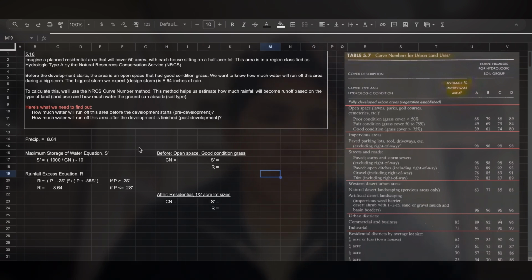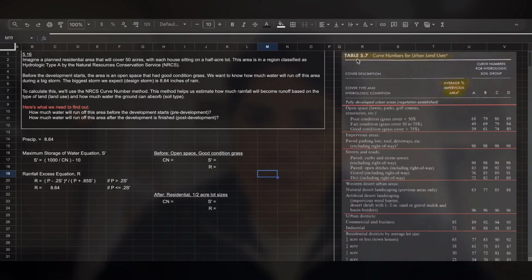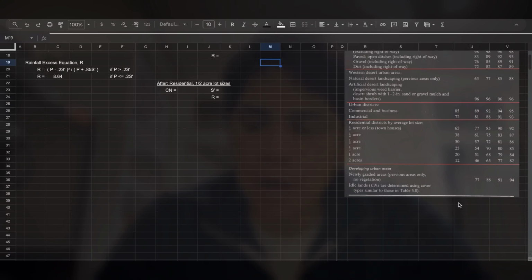Now let's move to the next problem, where we need to use the curve number again. This is going to be a review of what we did in the previous video. And the book mentions something about direct runoff for impervious areas. I don't think the book is very clear on this. I think it has something to do with the notes that you will find in table 5.7. I don't have it in this picture, but if you go into the book, you'll find some notes.